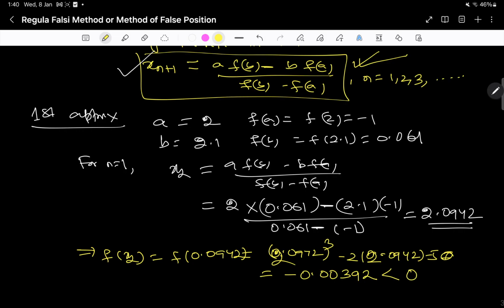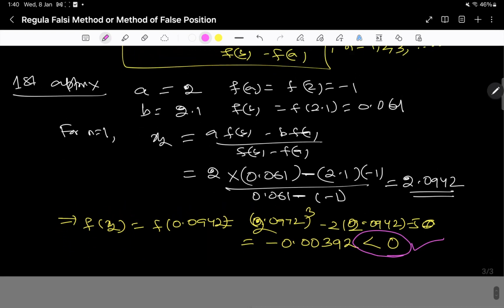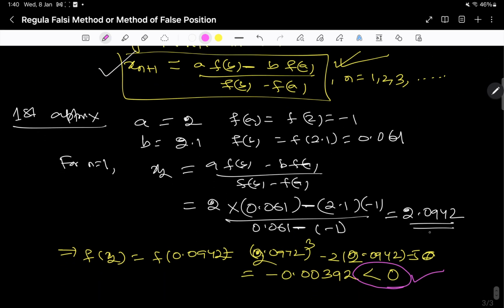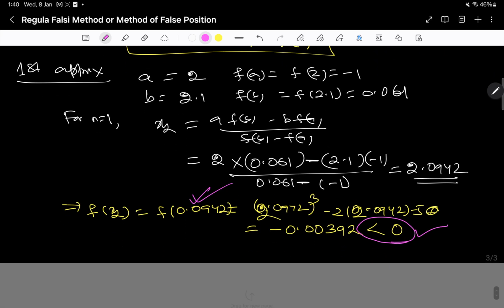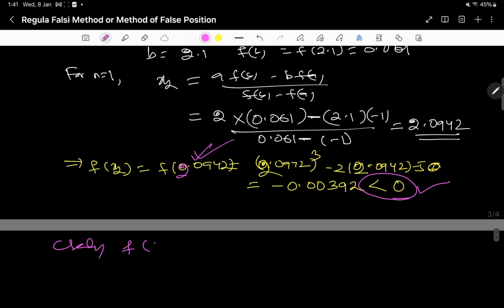So like the bisection method, we have to search for the immediate positive. It is negative here, so the immediate positive is what we have to find. You see this is the immediate positive, 2.1. So f of 2.0942 into f of 2.1 is negative.